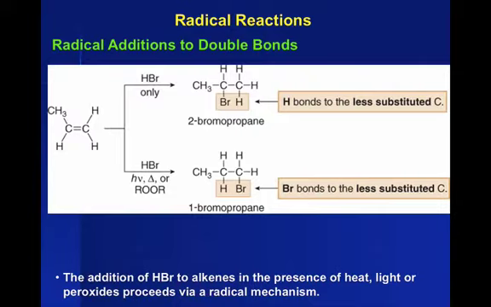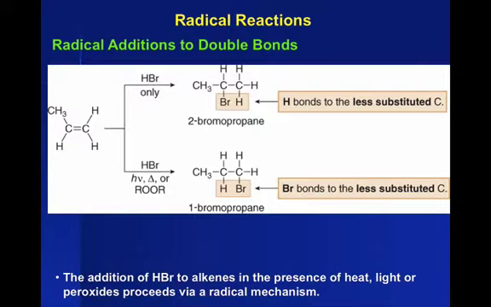Follows Markovnikov's rule, so what's the intermediate? Yeah, I'd like the specific name for it. Carbocation, that's exactly right. Yeah, you all knew this, right? So here we're going through a carbocation intermediate, and that's why we get Markovnikov addition, right? Down here we're going through a free radical mechanism, and that's why we end up with the anti-Markovnikov.